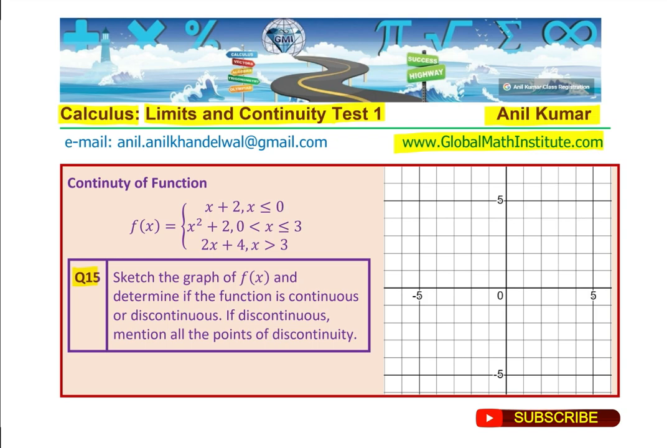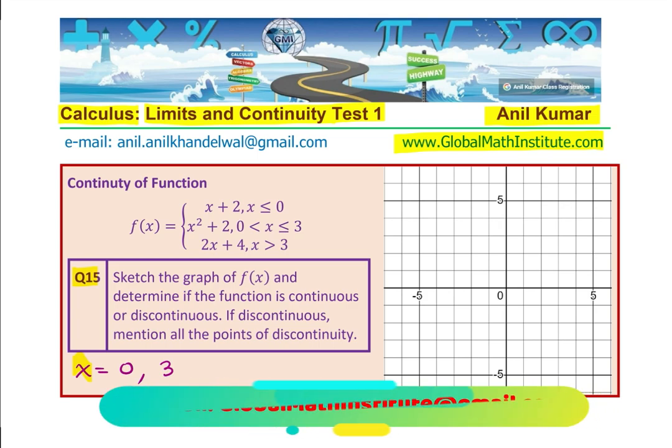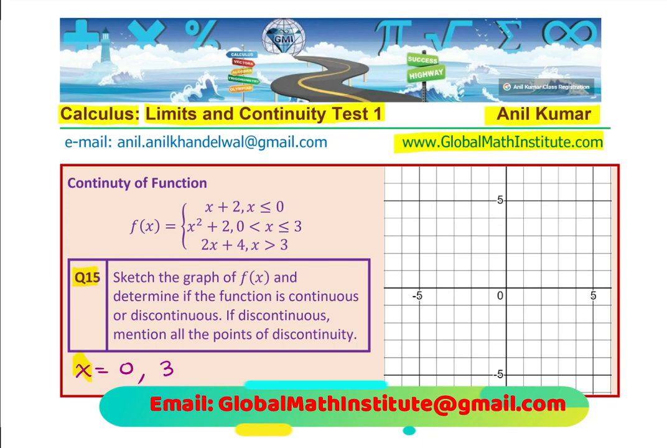So we have to analyze the points where the x value is equal to 0 or 3. At these points, there is a possibility of discontinuity. Keeping that in mind, I would like you to pause the video, answer this question, and then look into my suggestions. Now let's analyze it one by one.